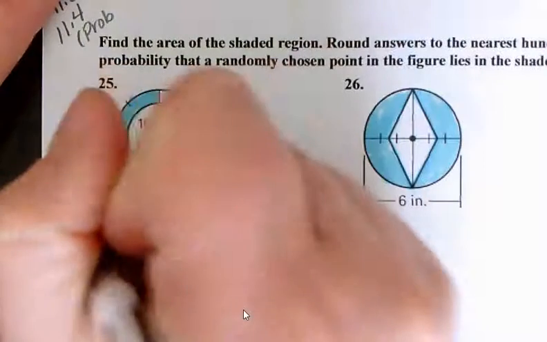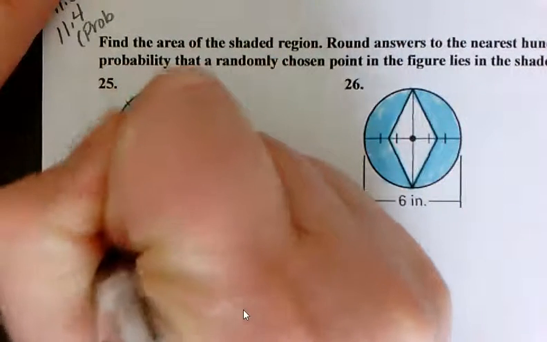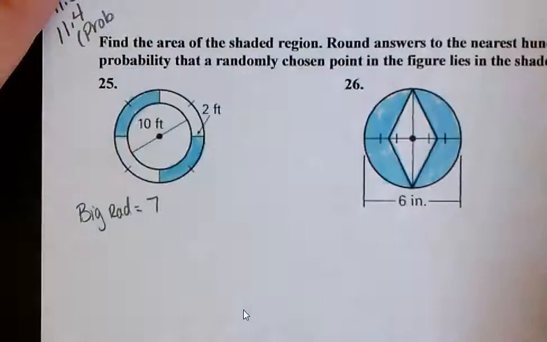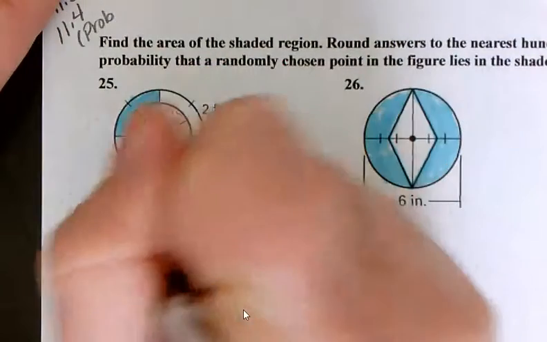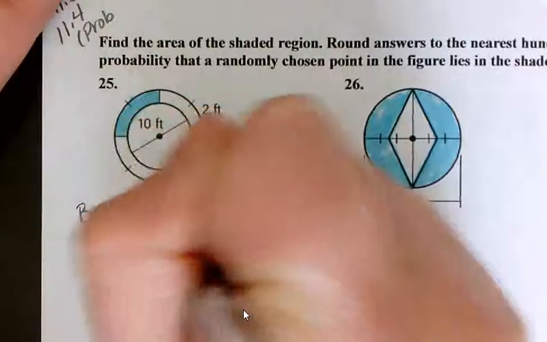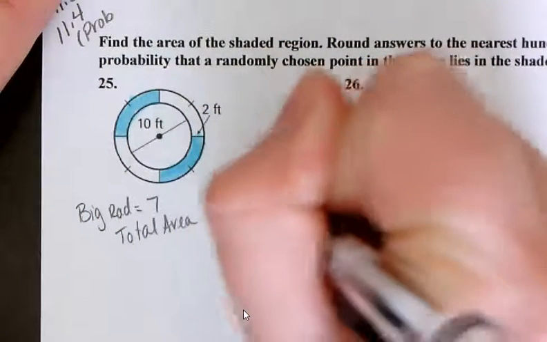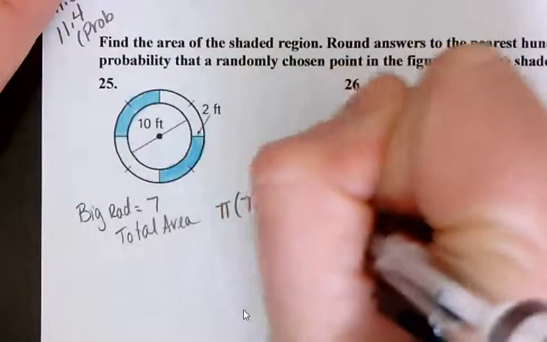So the radius of the big circle equals 7. So the total area is pi times 7 squared, which equals 49 pi.